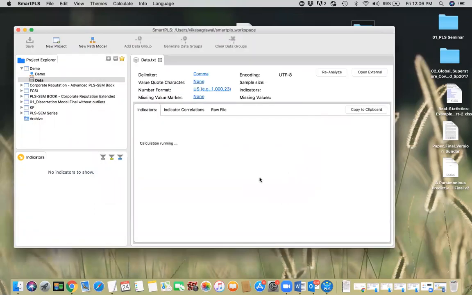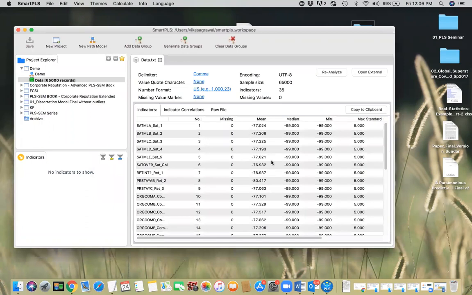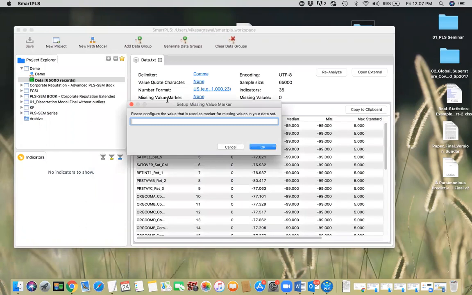it's going to import all the raw data we have. Right now it says that there are no missing values, but we know from the earlier video that missing values are indicated by -99. So I'm going to set the missing value marker as -99 here.